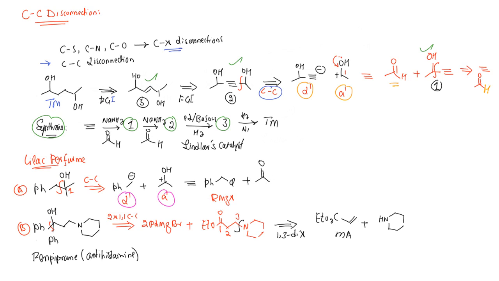As per the second example, it has two similar groups attached to a carbon atom bearing a hydroxyl group, so we make both groups disconnected. So here I have shown 2 multiplied by 1 carbon-carbon disconnection. I will get two molecules of phenyl magnesium bromide and an ester.